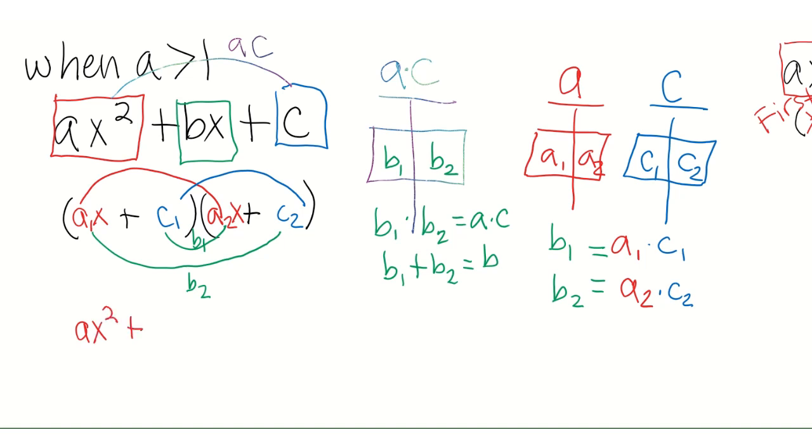And when I multiply my C's together, C1 times C2, that's going to give me my C. And then for my B's, when I multiply my A1x times C2, that's going to give me my B2x. And when I multiply my C1 times A2x, that's going to give me my B1. And then when I add these together, that's going to give me my B.